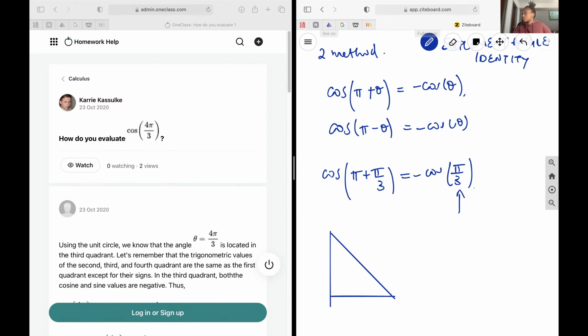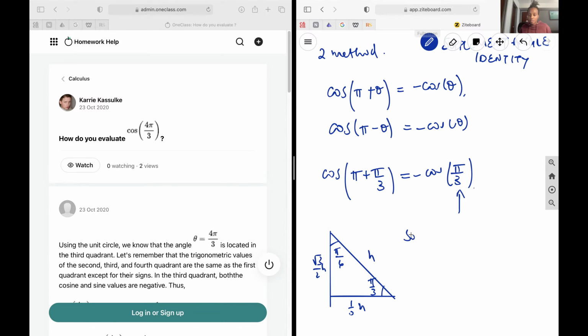So if I just draw these out, I get pi over 6, pi over 3, 1 over 2 h, root 3 over 2 h.